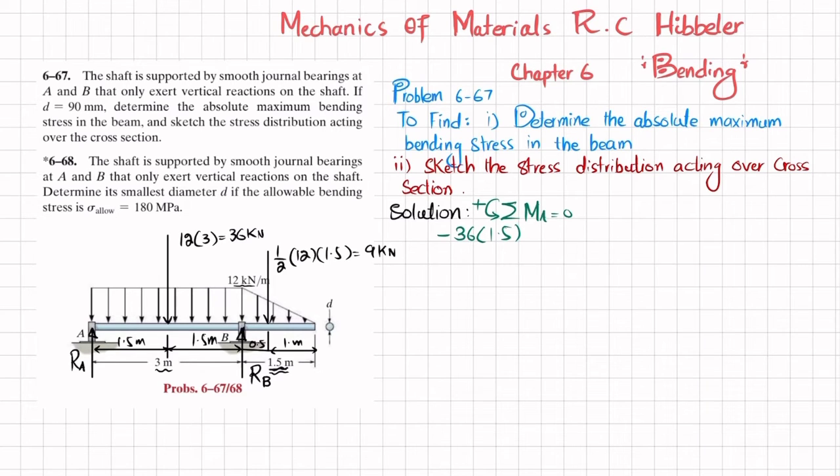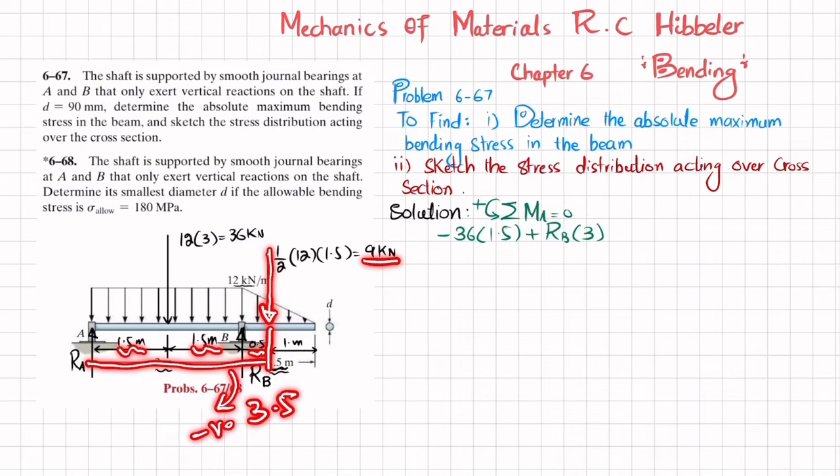The second moment will be due to RB, and the perpendicular distance is 3, and this is counterclockwise, so it will be positive. So I will write plus RB into 3. The third moment will be produced due to the load of 9 kilonewton, and the perpendicular distance is 3 plus 0.5, which is 3.5, and that is clockwise, so it will be negative.